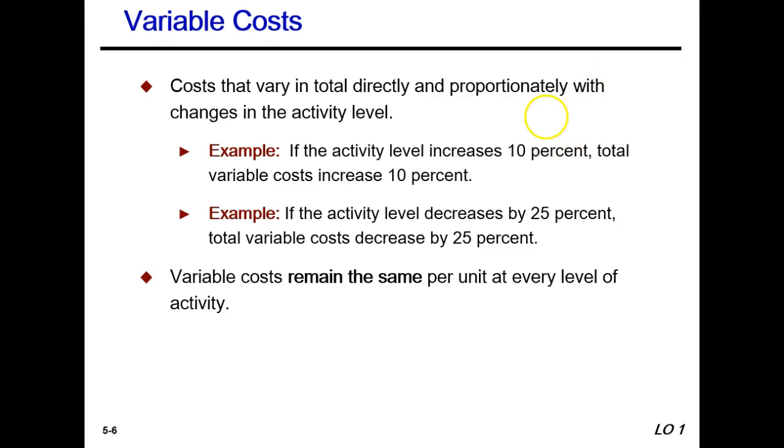Variable costs remain the same per unit at every level of activity. The cost to clean a room, for the most part, is going to be 40 minutes for the cleaning help. So if one room is being occupied, it's probably going to be 40 minutes for that one room. Changing the sheets, do you get what I'm trying to get at?